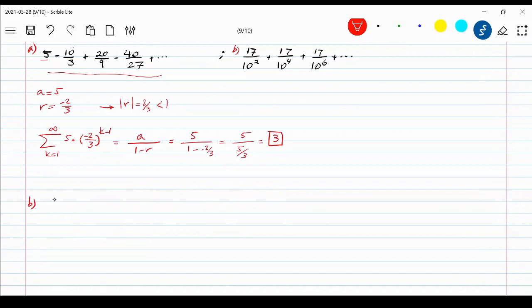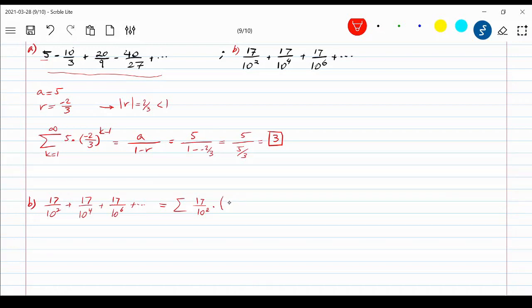Part B, we have 17 over 10 to the power 2 plus 17 over 10 to the power 4, and so on. I should write one more term just to make it clear. This is quite easy to see. You'll have 17 over 10 to the power 2 multiplied by what would be the next term?